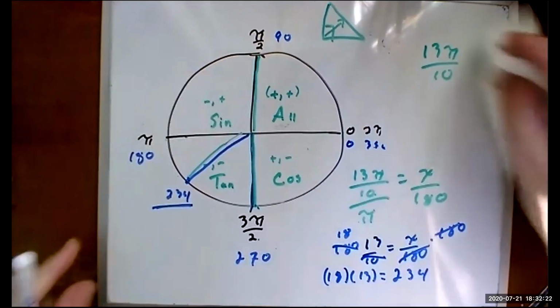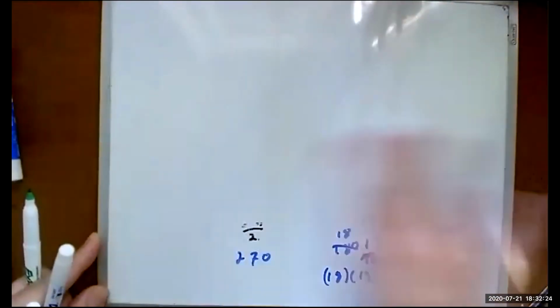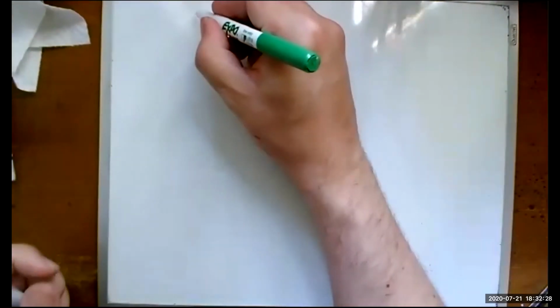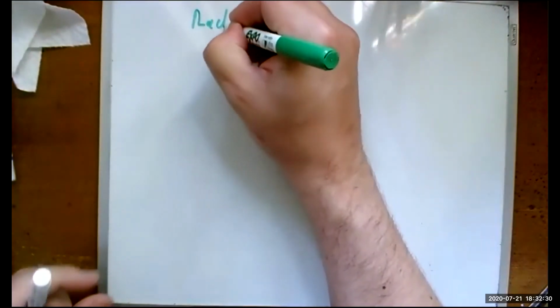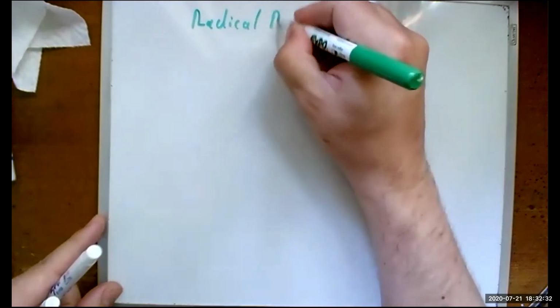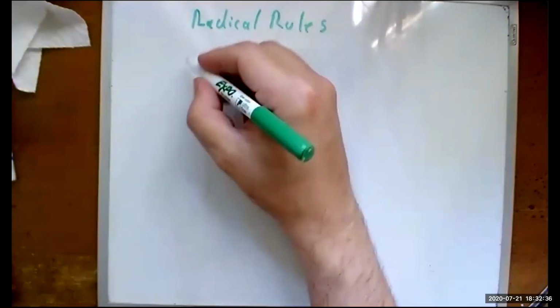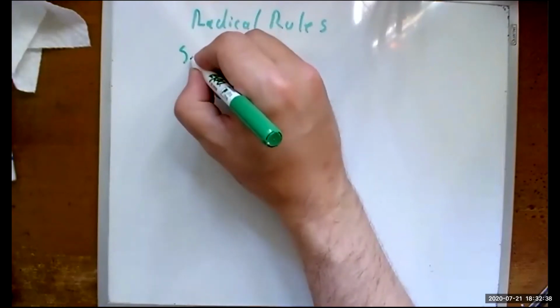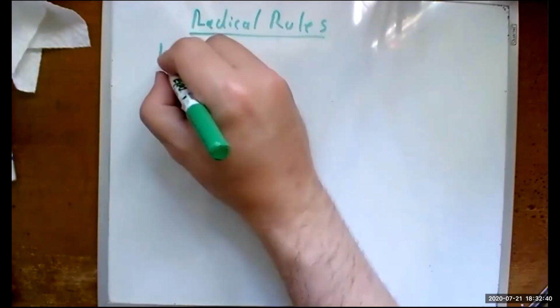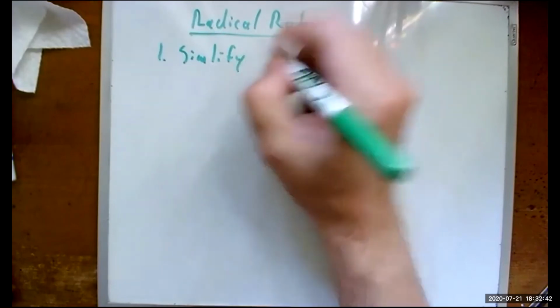Okay. The next thing I have on my list is that I was asked to simplify the rules that I'd gone over today with radicals. So I'm just going to make this really, really simple.